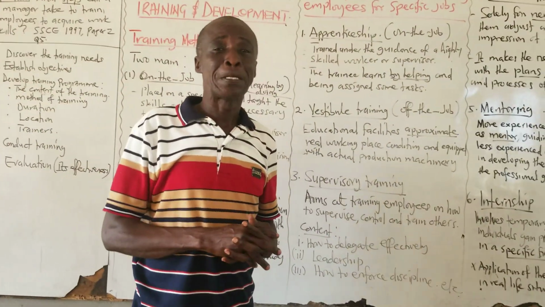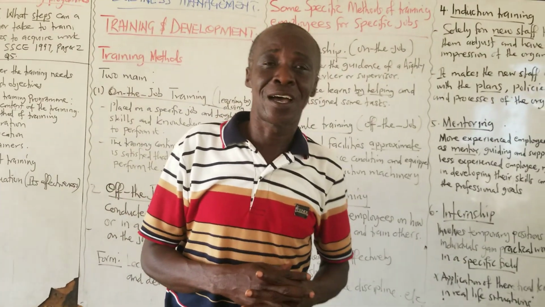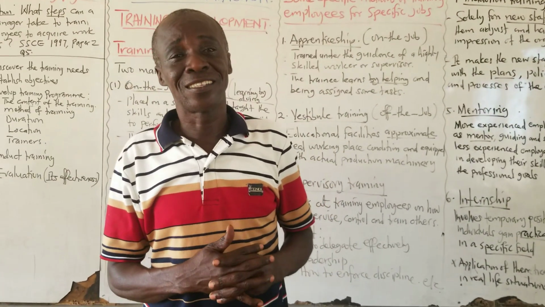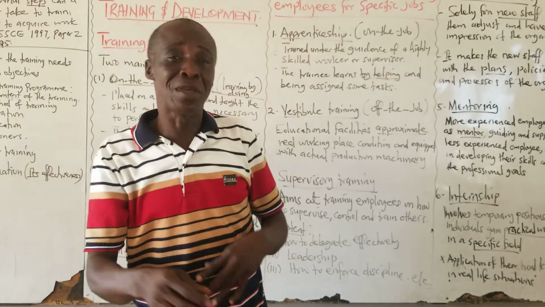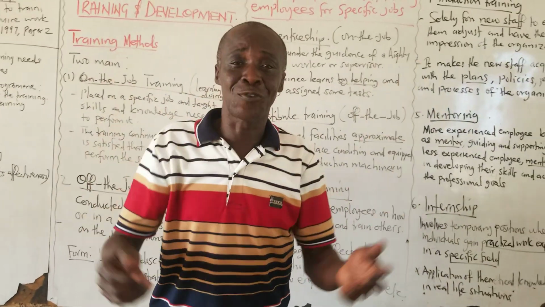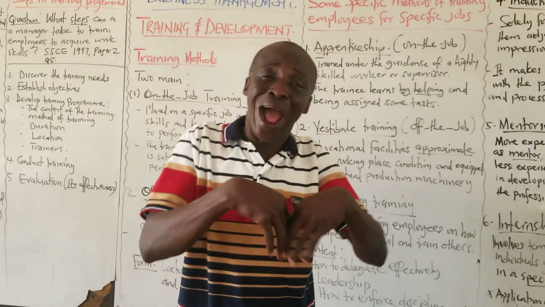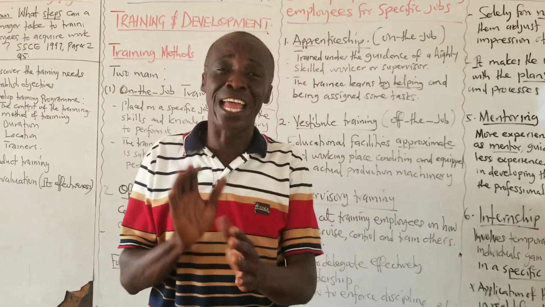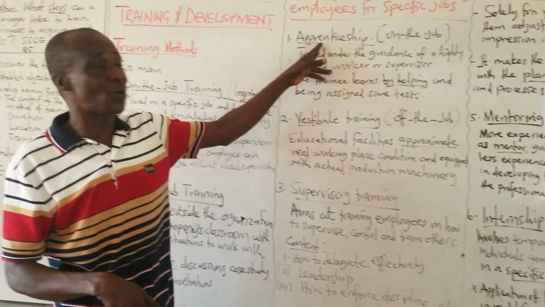Some of you, your sisters, your brothers, your friends are learning some skills in how to sew, carpentry, masonry, and what have you. And they have masters who have acquired the skills, and they are imparting those skills to them. So when you say apprenticeship, what is it?